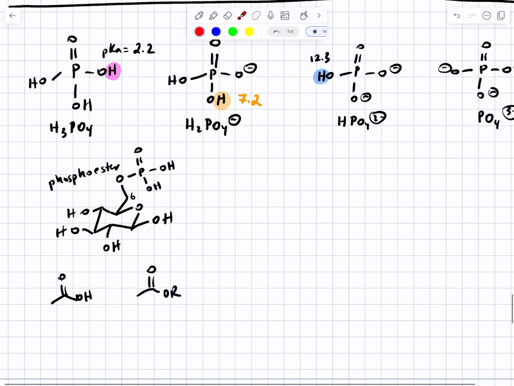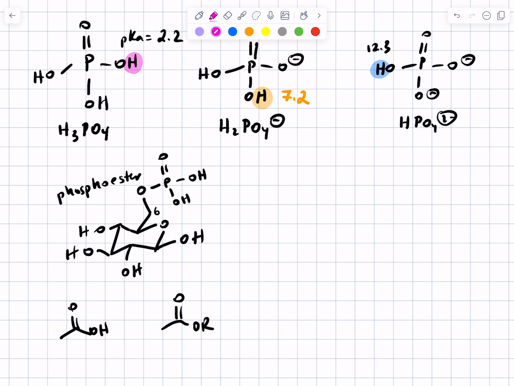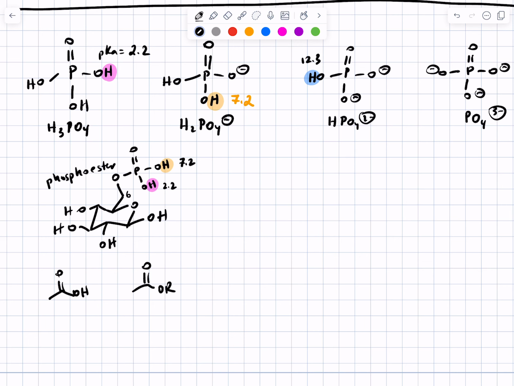Notice that in an ester versus a carboxylic acid, one of the OH groups is actually an OR group. Here's phosphoric acid, here's a phosphoester, that's the OR group. So we'll talk about phosphoesters as functional groups. Nevertheless, you can look at the pKa's of the protons on phosphoesters, and they track pretty much like you would expect for protons from phosphoric acid.